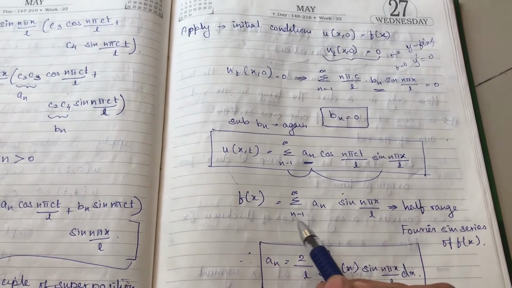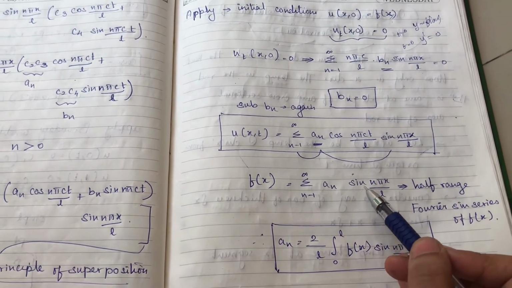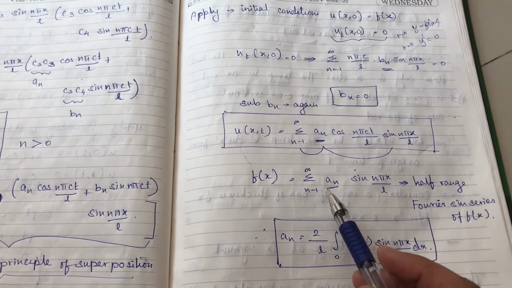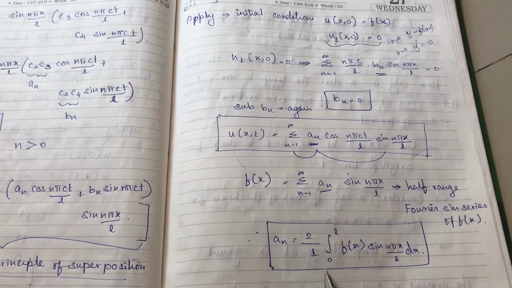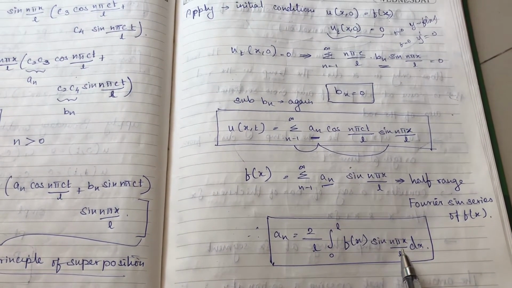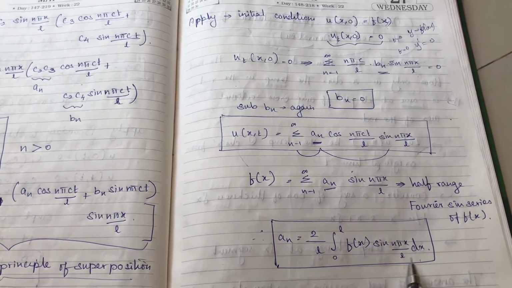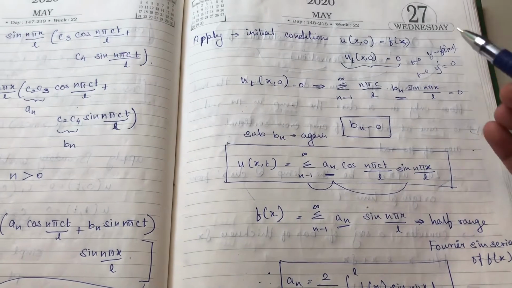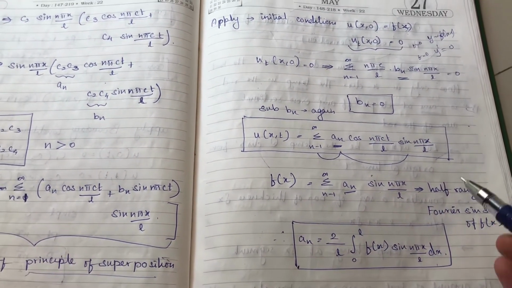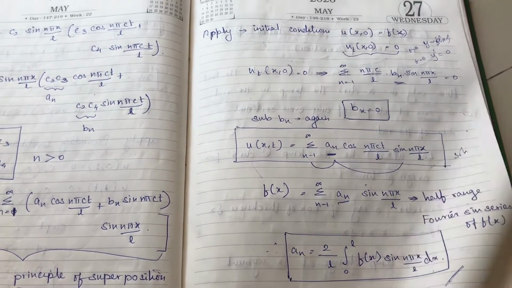So I can easily write this An, because in the Fourier series An will be equal to 2 by L integral 0 to L f of x sine n pi x by L into dx. So I have got the An here. You don't need to apply the first condition, just apply the second condition and you will get this formula. This is the solution and this is the An equation.